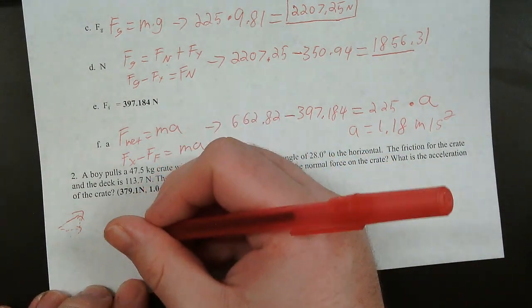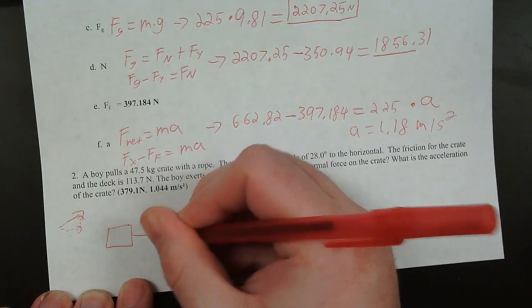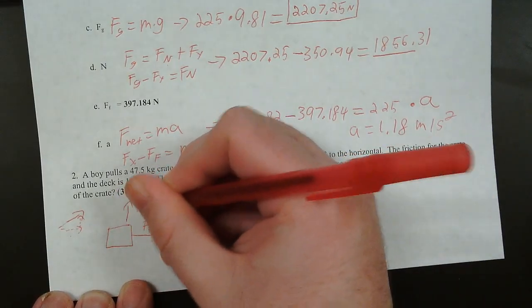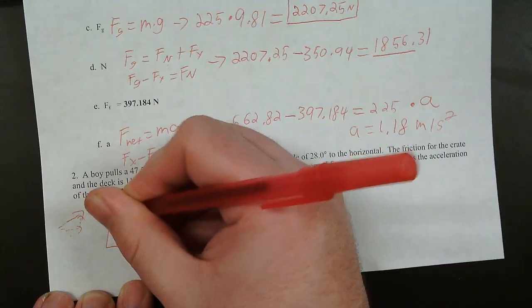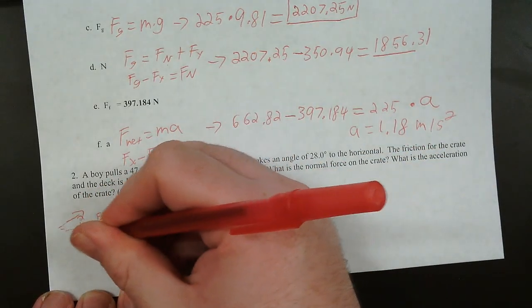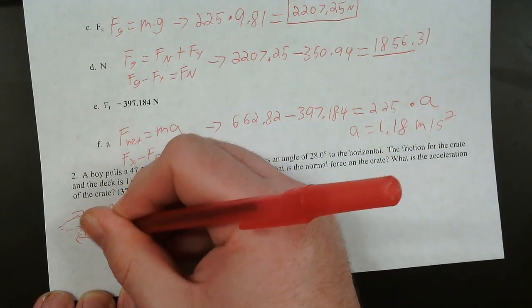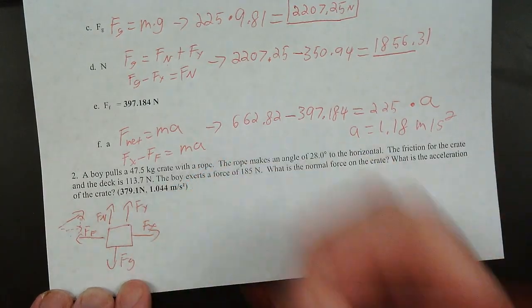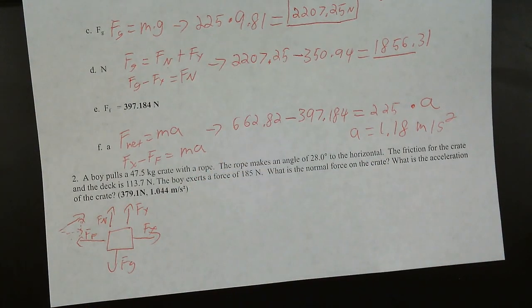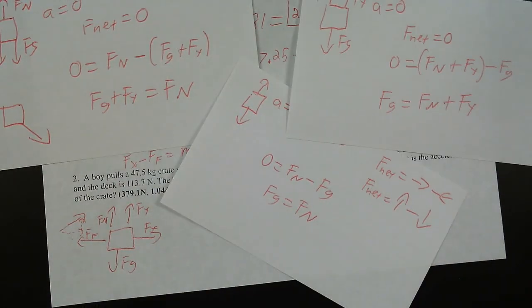So when I draw my free body, I've got my crate here, I've got Fx, I've got Fy, I've got Fn. I have friction, which will oppose the motion, so it's going to be backwards. That's Ff, and I have Fg. There's my free body. Where is Fn? Fn is in the vertical, so I'm going to be looking in the vertical. Because it doesn't have its own formula, I'm going to have to get it from my free body diagram: everything in one direction minus everything in the other direction.